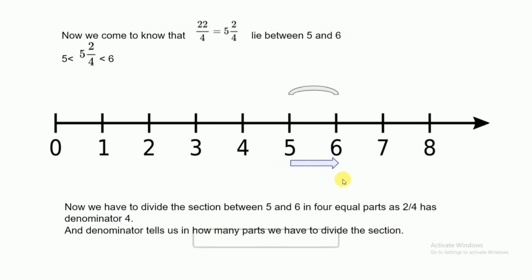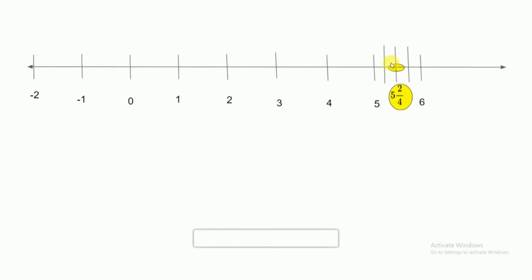So let us divide. Here we have divided the section between 5 and 6 into 4 equal parts: 1, 2, 3 and 4. And which part do we have to pick? In the numerator we have 2, so we would pick the second part.